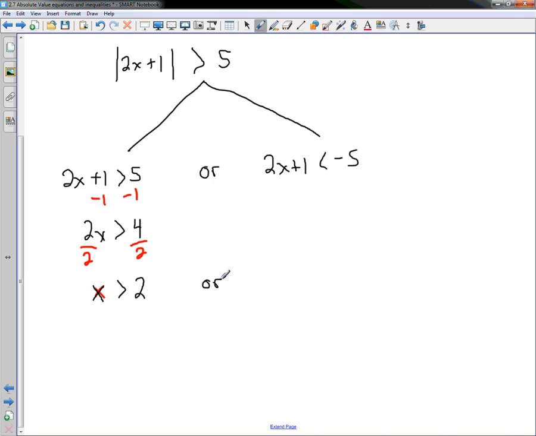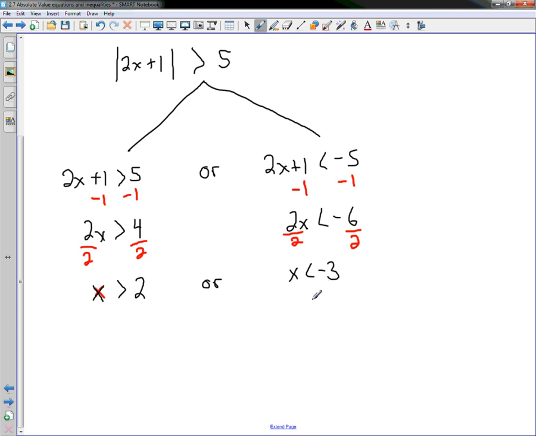Or, our other option for a solution is when we solve the right side. And again, we're going to subtract 1. This time we have 2x is less than negative 6. And then divide by 2. So we have x is less than negative 3.